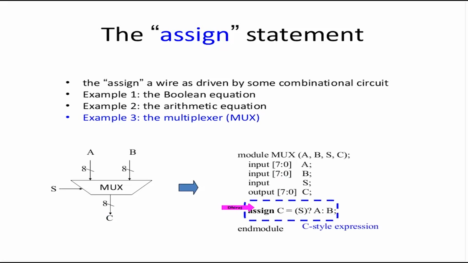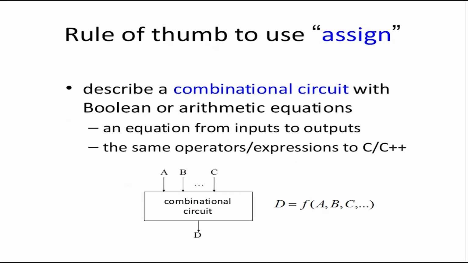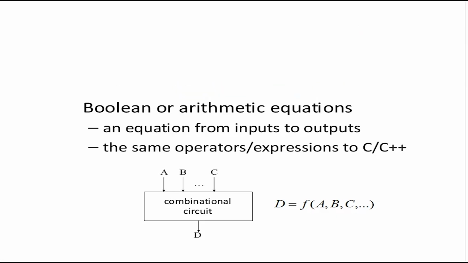If S is true, if S is 1, C gets A, otherwise C gets B. So the rule of thumb to use assign is that we use it to describe a combination circuit with Boolean or arithmetic equation, and the expressions are very similar to C++. So please note, I stress again, that assign statement is a very useful tool to model combination circuits.